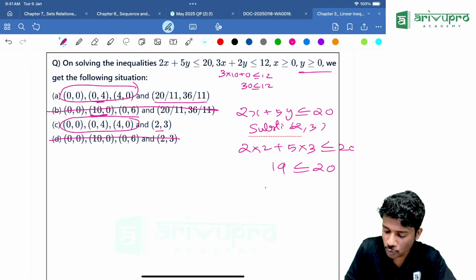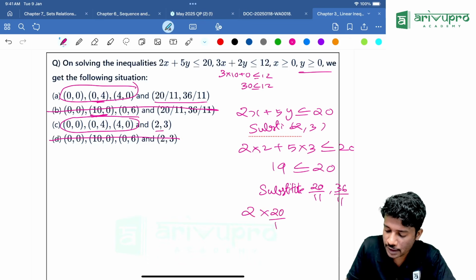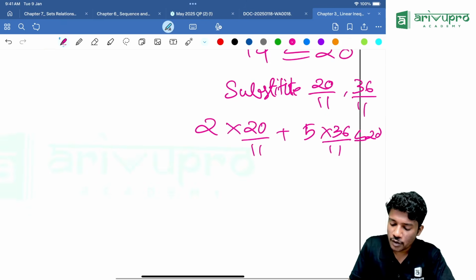Similarly, we will substitute 20 by 11, 36 by 11. That means 2 into 20 by 11 plus 5 into 36 by 11, which is less than or equal to 20.